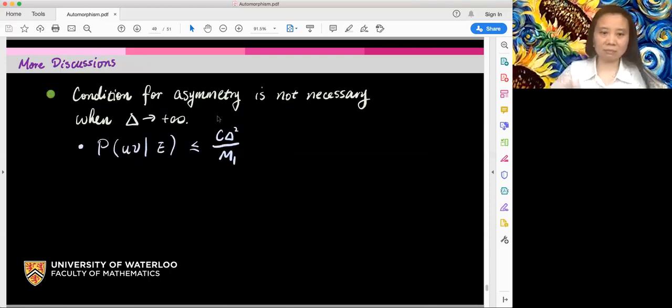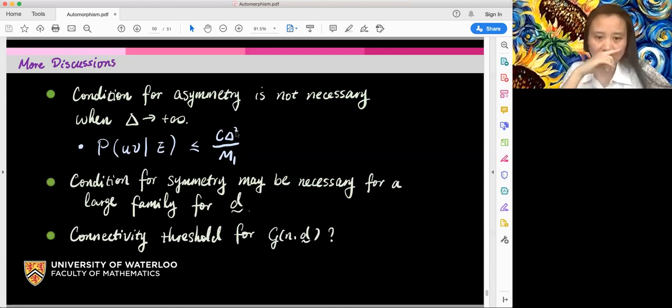And the reason is because we use this bound: the probability of an edge between U and V, conditioning on our set of edges already being there. We use this bound, but of course this probability has to depend on the degree of U and the degree of V, instead of just putting the upper bound of the degrees over here. When delta is bounded, this is at least of the right order of the probability, but when delta grows, this is just very wrong. And that's the reason we couldn't catch the threshold.